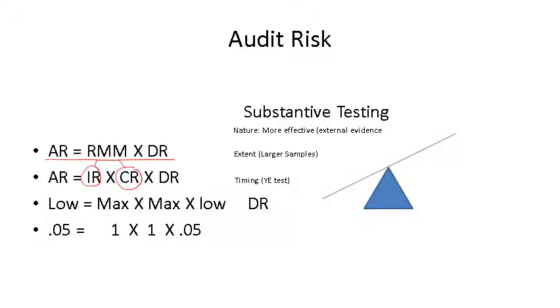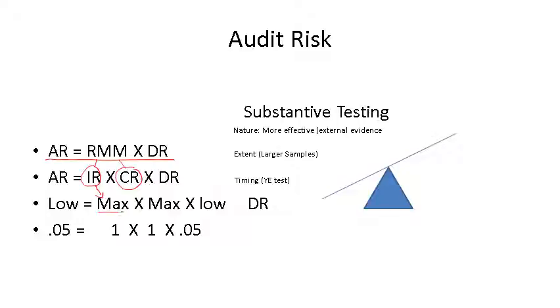So we look at their business risk, and we say, well, there's a potential for misstatement there through maybe something being stolen, etc. We'll talk about fraud a little bit later, but keep in mind that we are assessing our inherent risk at maximum.